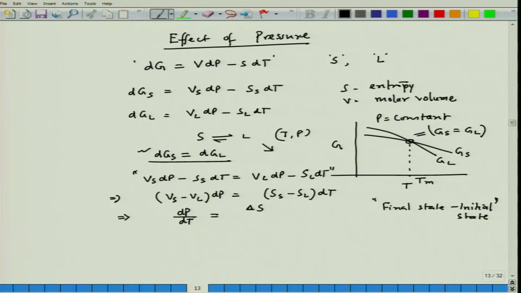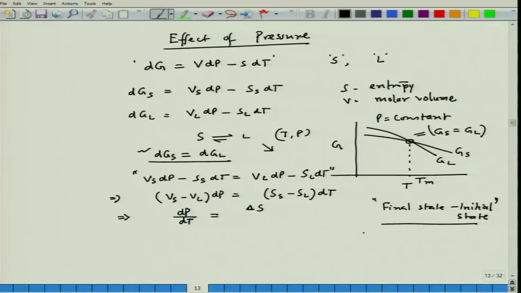So, we say that the quantity at the final state and the quantity at the initial state, that difference is counted, because for state functions like G, S, H, we cannot get the absolute quantity. So, we get the relative change. Whenever we write that, it means the transformation is taking place from initial to final. Since it is written Ss minus Sl, that means transformation is taking place from liquid to solid.